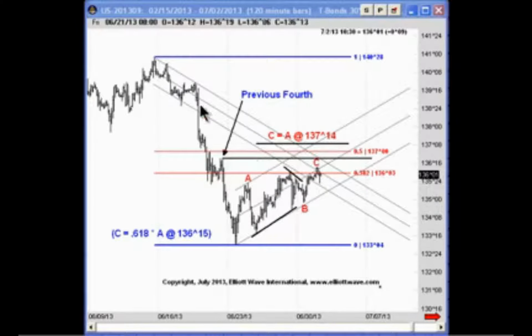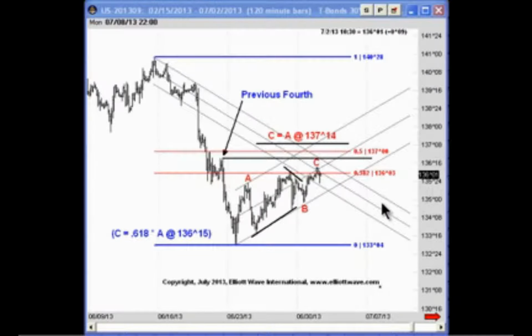Now in this example, I'm simply doing a Fibonacci retracement, or throwing up my fib lines, on the most recent decline. And as you can see, 136.03 represents the 382 retracement of the prior move down. And at 137, we have the 50% retracement. So Fibonacci is one way we can identify resistance or support on a price chart.